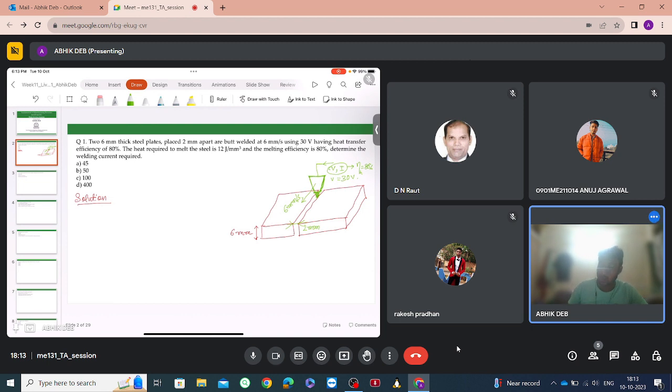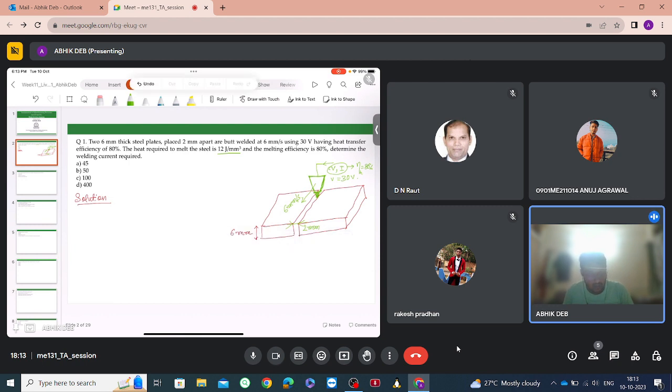Although 12 joule per millimeter cube is required for the melting, more heat has to be supplied because the melting efficiency is 80%.